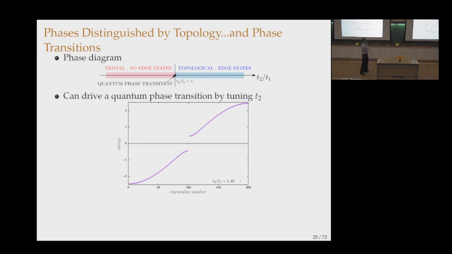So what I just showed you is a quantum phase transition, quantum because I'm looking at zero temperature, I'm looking at how the ground state is evolving, and I'm tuning a parameter T2 by T1. So whatever change is happening is because of the laws of quantum mechanics, not because of some thermal fluctuations or anything, right? And therefore quantum phase transition. And you see, I go from a gapped system for T2 by T1 less than 1, which doesn't have end states, to a gapped system for T2 by T1 greater than 1, which has end states, but the point where the change takes place, it's gapless, right?